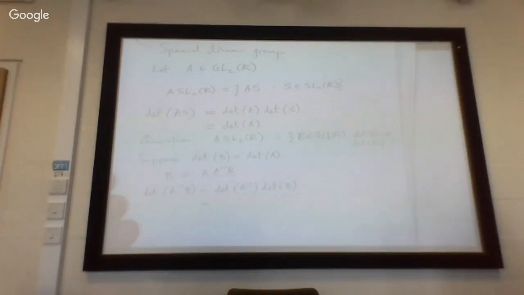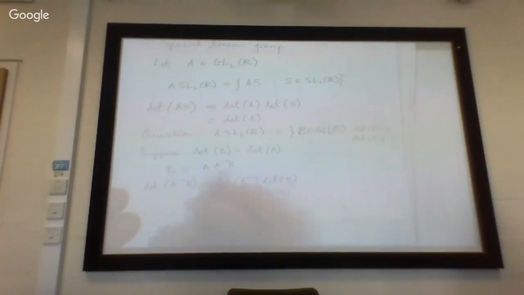What's the multiplicative version of that? 1 over it. 1 over the determinant of A, yeah. That's just a general fact of how determinants operate. You can see that this breaks down when the determinant of A is 0. 1 over 0 makes no sense, but that's okay because A inverse does not exist in that case. So it doesn't cause a problem.